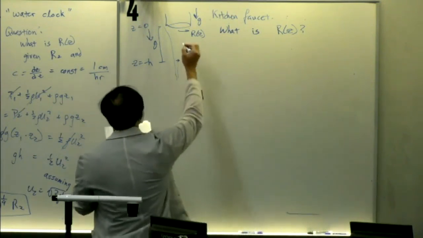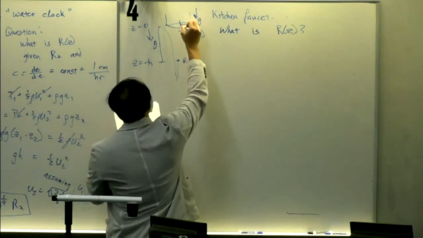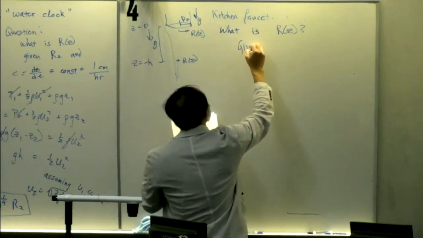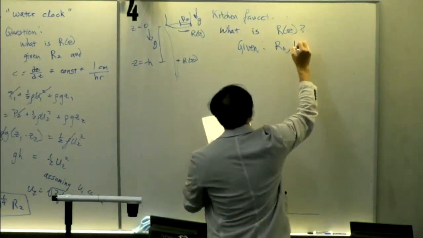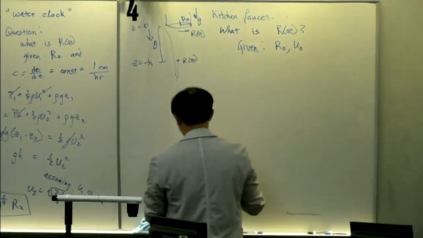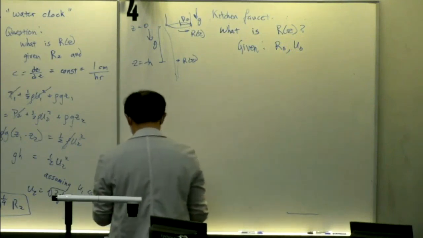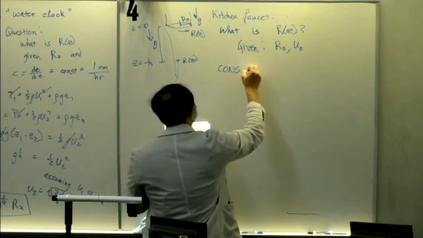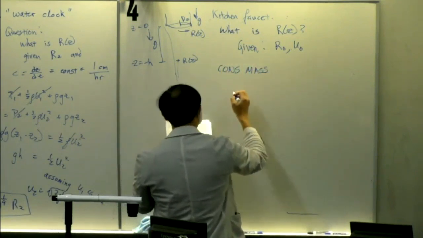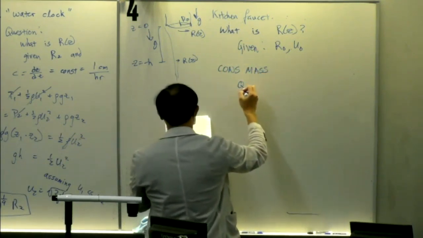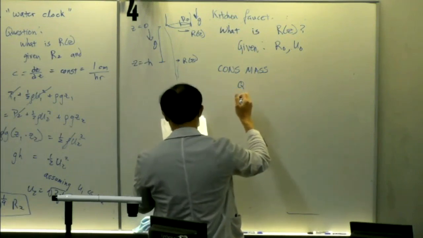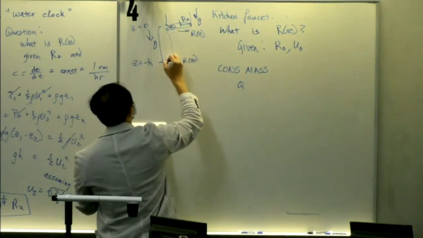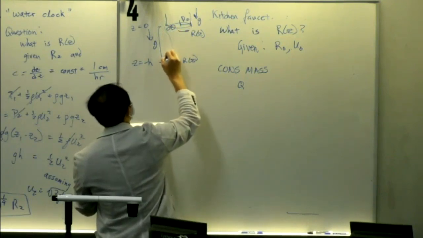I'll give a few more. So R naught. You're given R naught and U naught, and you solve for the radius as a function of Z. So, conservation of mass. We'll call this point 0, and we'll call this point 1.